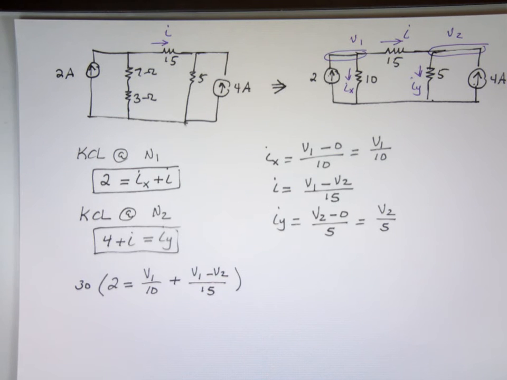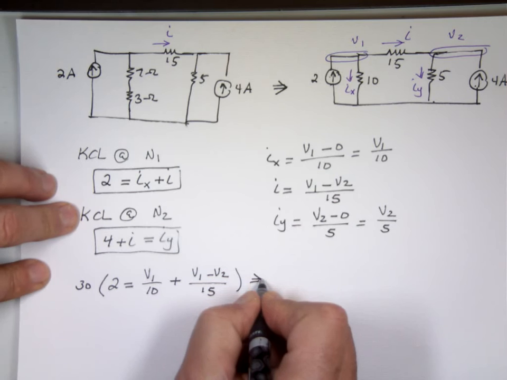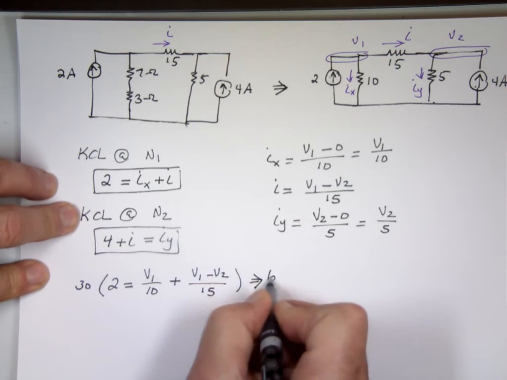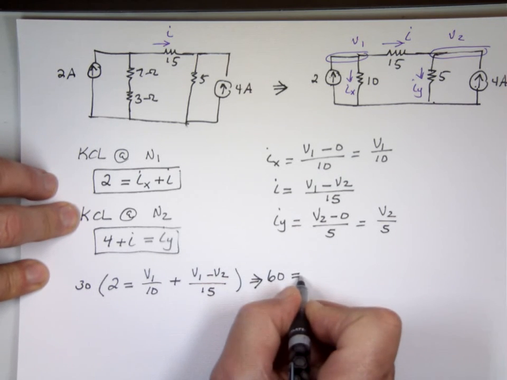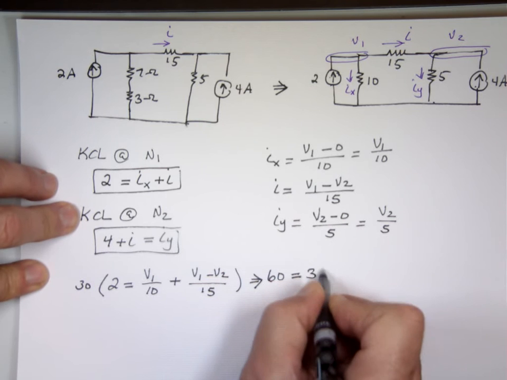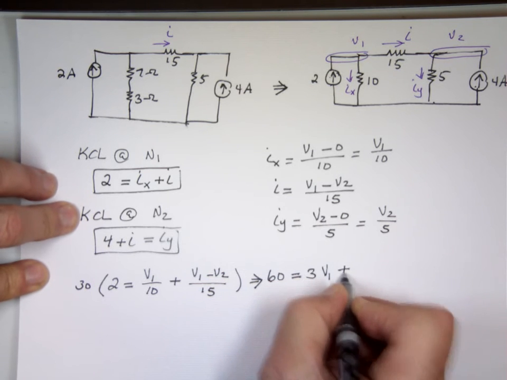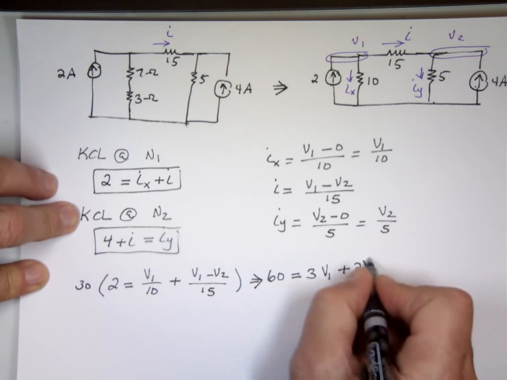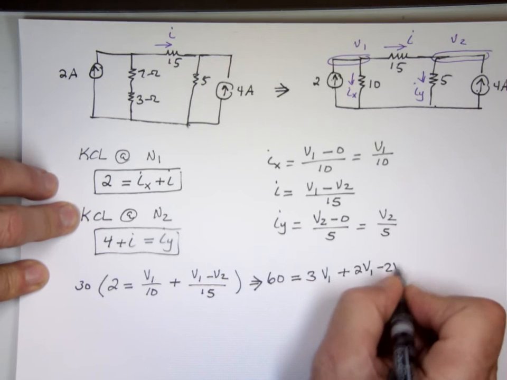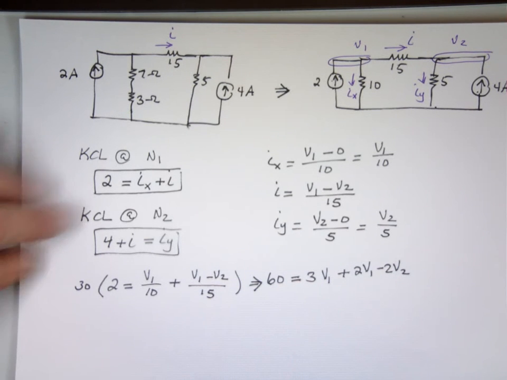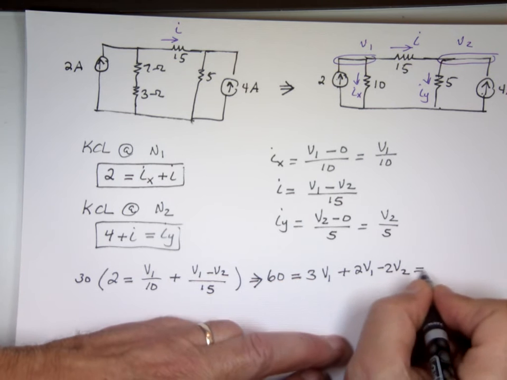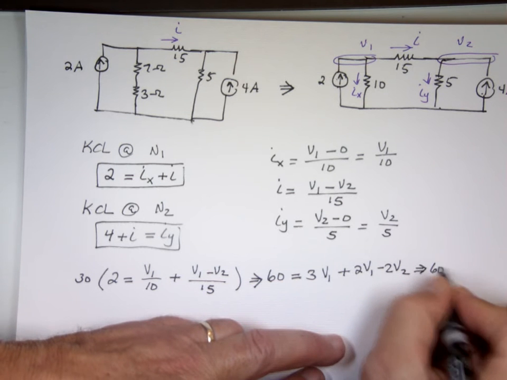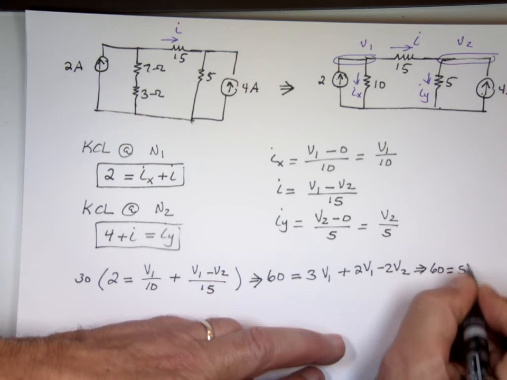You multiply by 30, you lose your fractions. You'll have 60 equals 3V1 plus 2V1 minus 2V2. Clean it. 60 equals what? 5V1 minus 2V2.